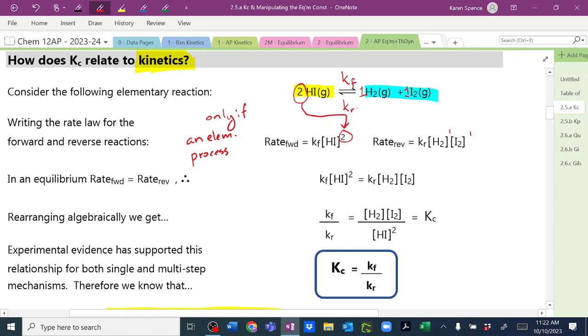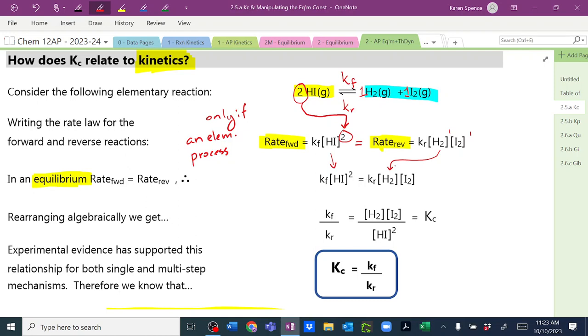And when we are at equilibrium, what do you know about the rate of the forward reaction and the rate of the reverse reaction? They are the same. So this is equal to that. So what we're going to do is take this here, and this here, and say those two things are equal because the rate of the forward reaction is equal to the rate of the reverse reaction.